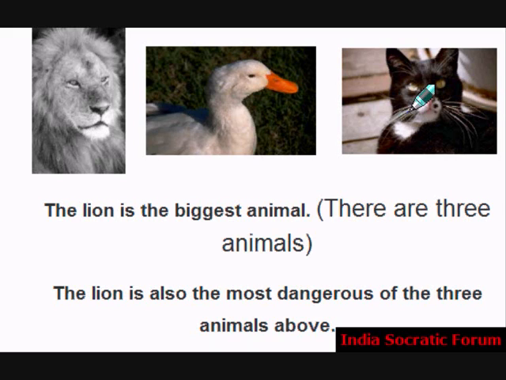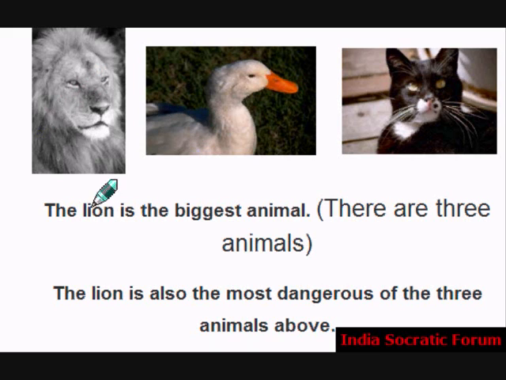Cat is dangerous, but it's not the most dangerous. Duck is non-dangerous. Okay, yes, it's a little bit dangerous. It's not so dangerous. But cat is more dangerous than the duck. But of all the 3, if you want to say which is dangerous of the highest kind, we can say lion.